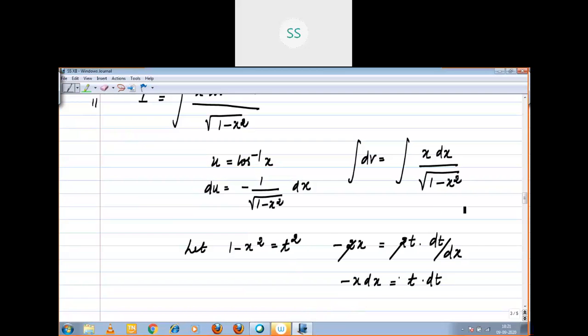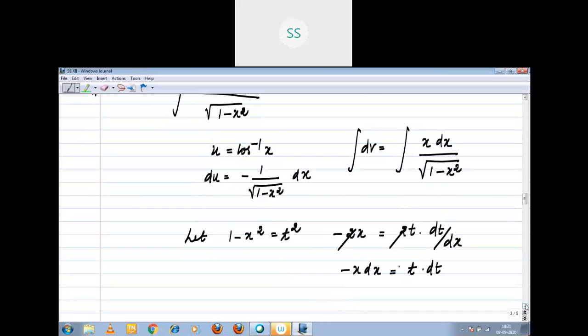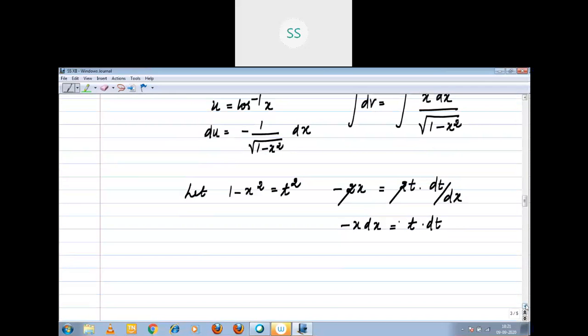Now, x dx can be replaced by t dt. Now I am going to move to the original format. What is the original format? Integral u dv equal to uv minus integral v du.